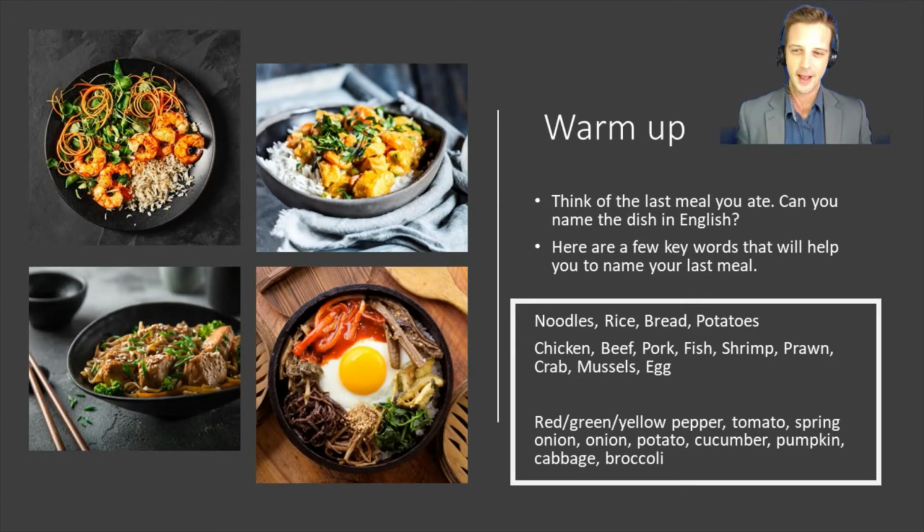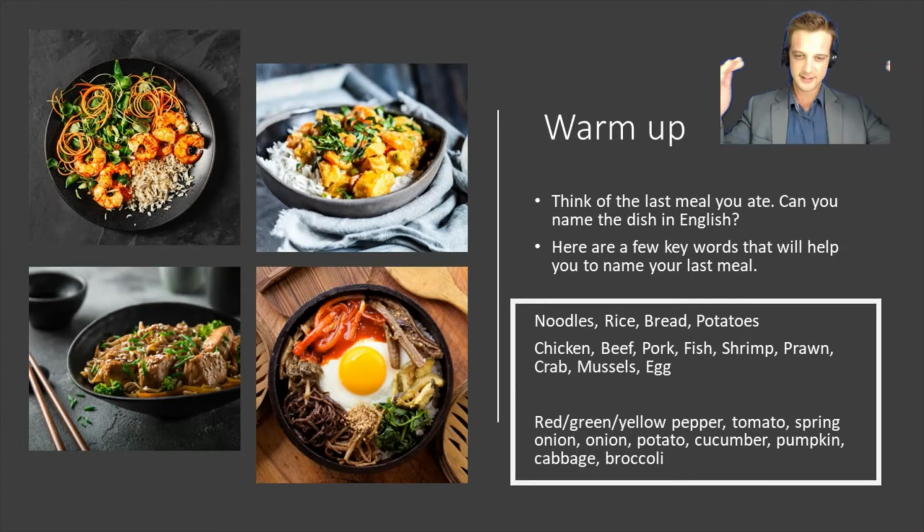Okay, so the block at the bottom, the word bank, I've separated it into starches, the base of the meal, such as noodles, rice, bread, or potatoes. Then I've moved on to meats or proteins, so chicken, beef, pork, fish, shrimp, prawn, crab, mussels, egg, or anything similar.